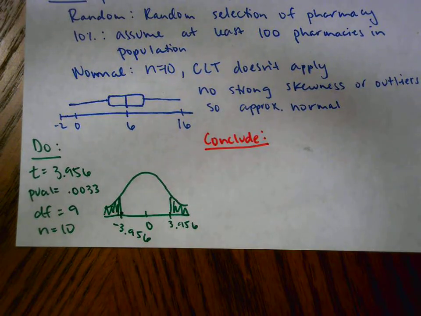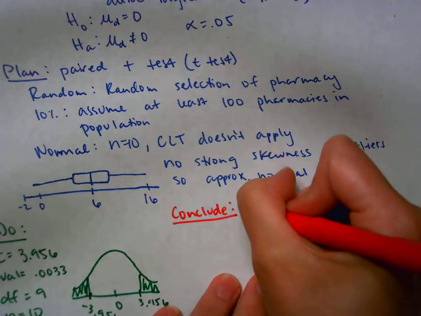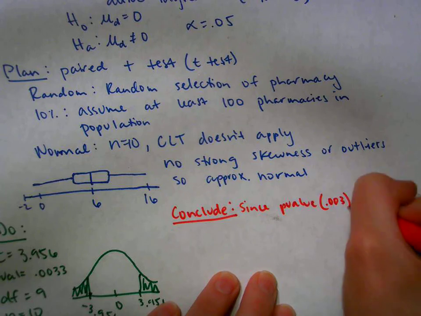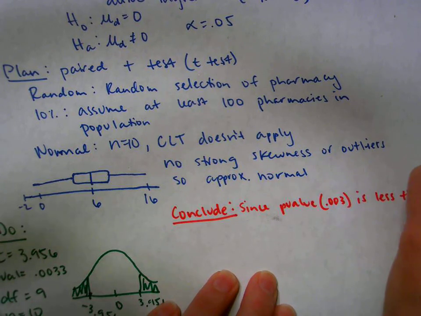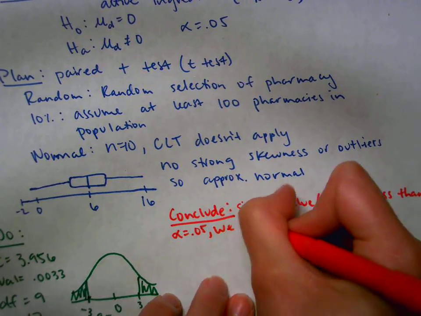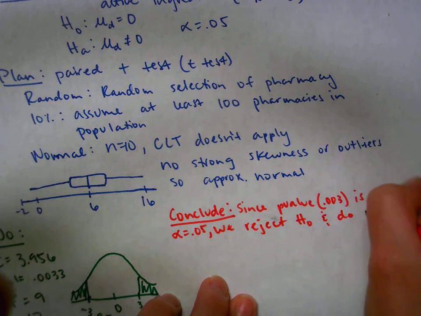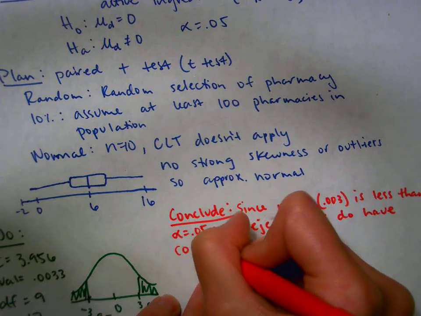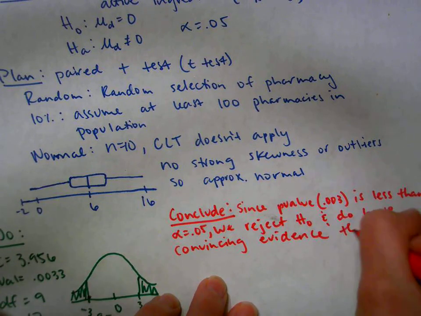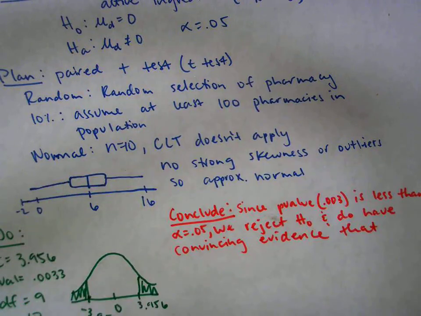And hopefully you can do this one, but let's make sure we're good. So we would say since p-value of 0.003 is less than alpha equaling 0.05, we reject H0 and do have convincing evidence that our HA, the mean difference, is not 0.